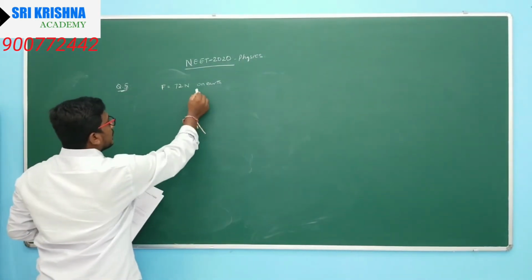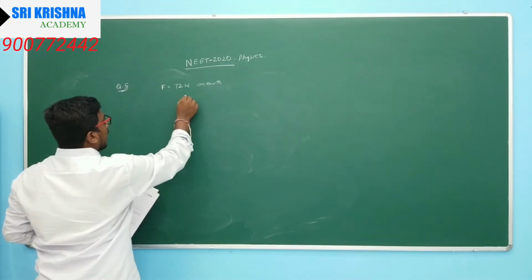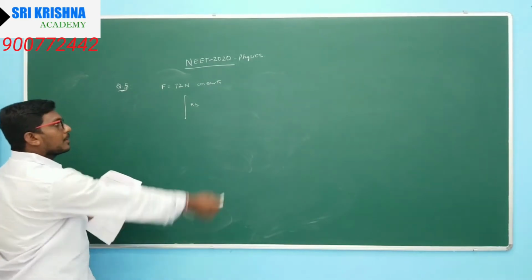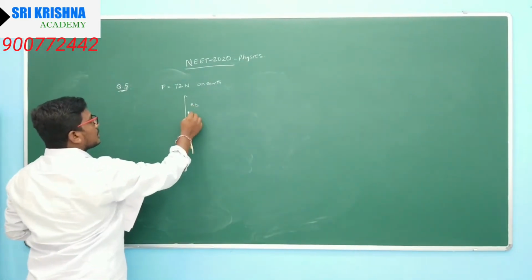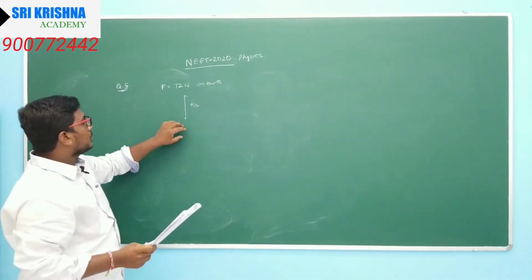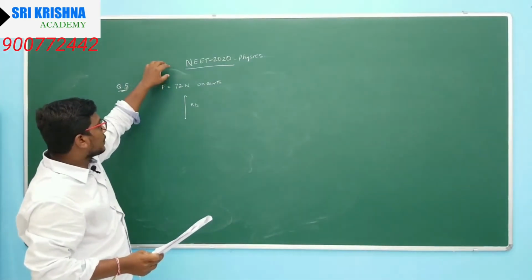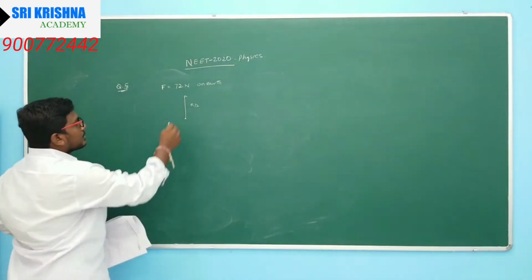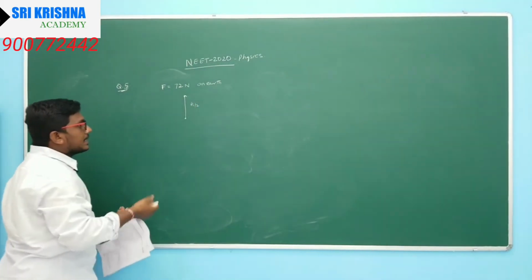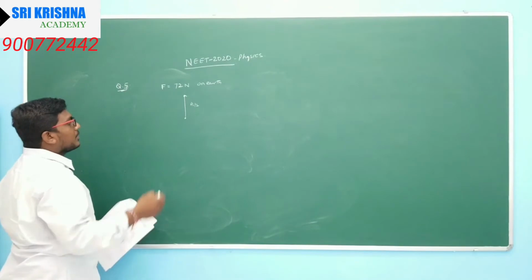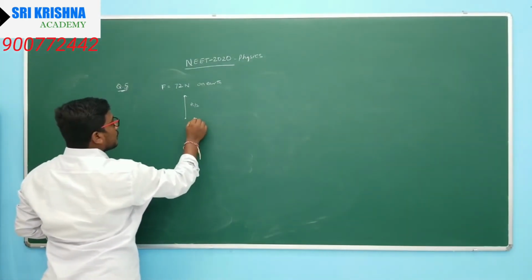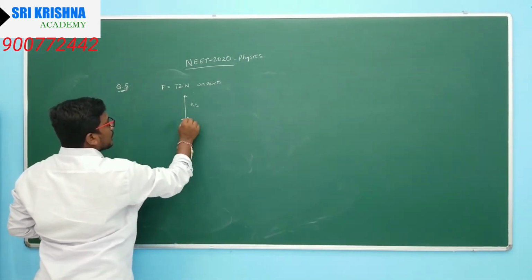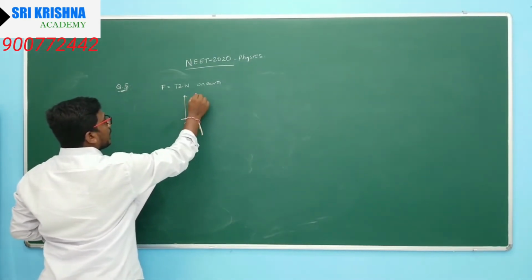So he is taking the mass to a height such that the height is half of the radius of the earth, R by 2. Obviously, when a body moves away from the surface of the earth to a larger distance, the gravitational force experienced decreases. So what is the relation? On the surface of the earth it is g, at a particular height it is g dash.